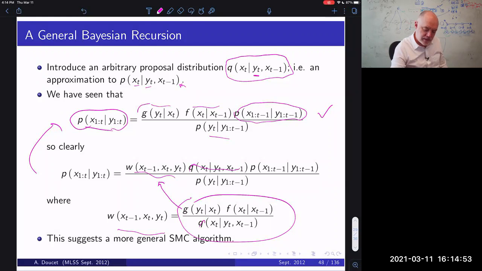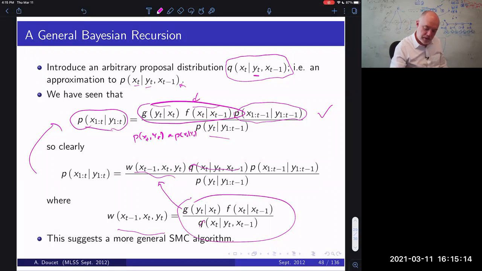Another way of seeing it is that this is P of xt given yt, which is proportional to P of xt given yt.